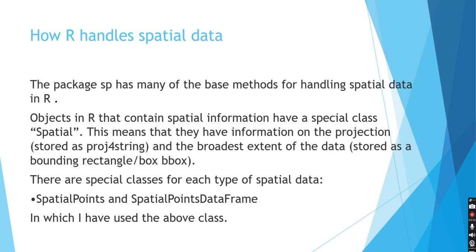If you want to handle spatial data in R, we use the Spatial class. It visually shows our data spatially, as points, lines or geometry. These objects have the information on the projection stored as a proj4 string, and the broadest extent of the data stored as a bounding rectangle or box. So the data will be stored in the box, and a bounding box will be created.